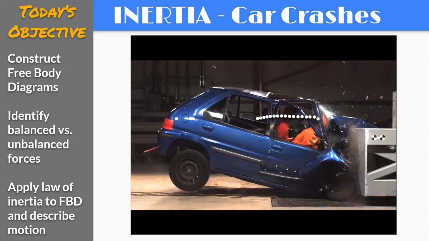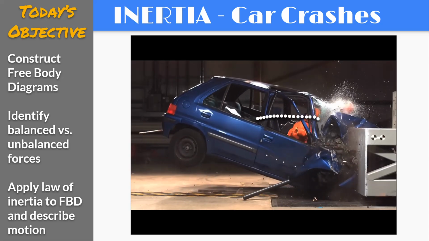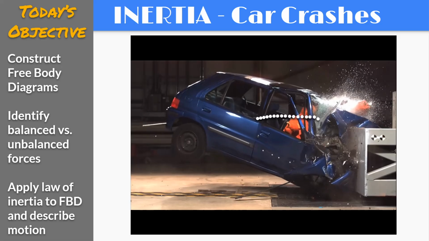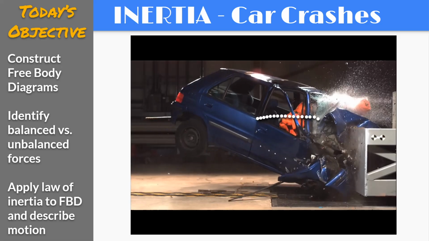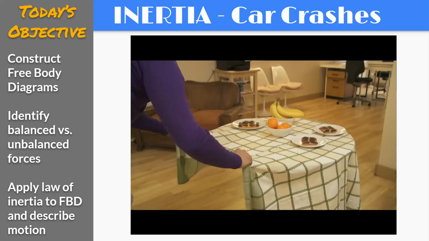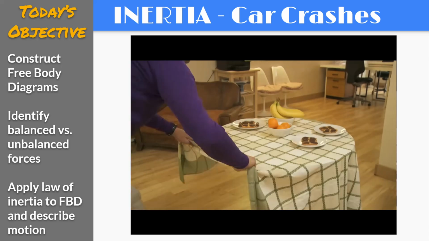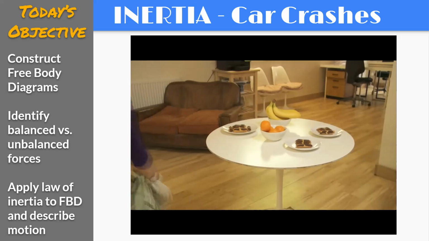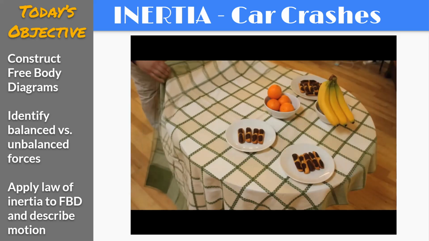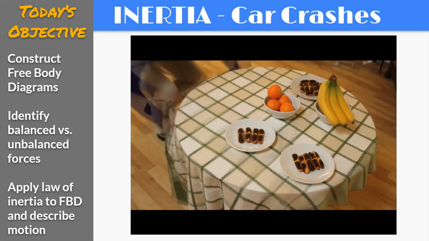This resistance to a change in motion is called inertia, and it applies even when the velocity is 0. It's this property that enables people to do things like this. The china on the table stays pretty much at rest even when the tablecloth's pulled from under it. That's because there's not enough sideways frictional force to overcome the china's inertia and get it to move.